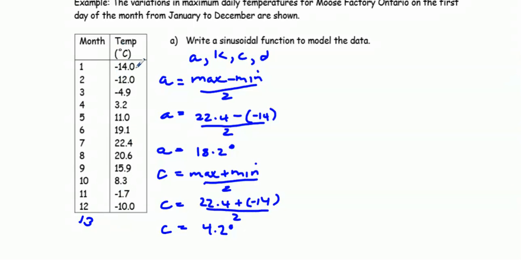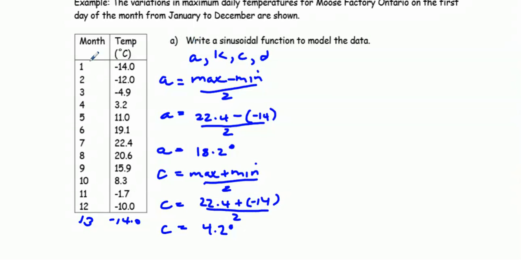A sinusoidal curve, especially the cosine one, starts at its max or its min, depending on whether there's been a reflection. It goes up or down, and then back up or down. So if this was cyclical, it would be at minus 14.0 again in January. So this would represent January, month 13.